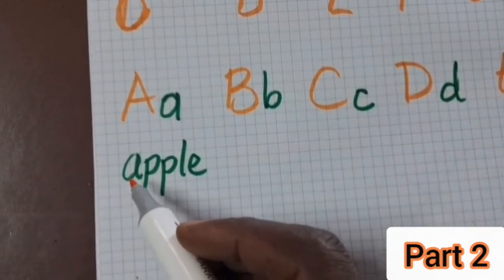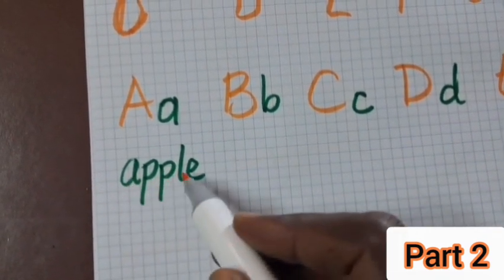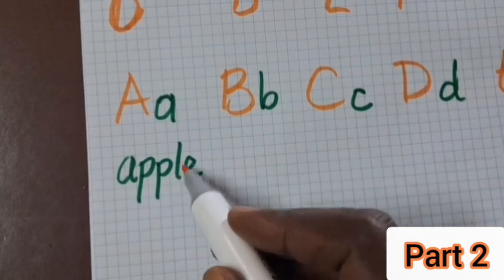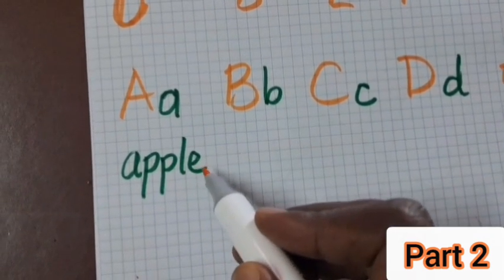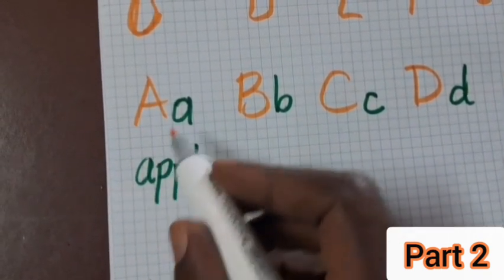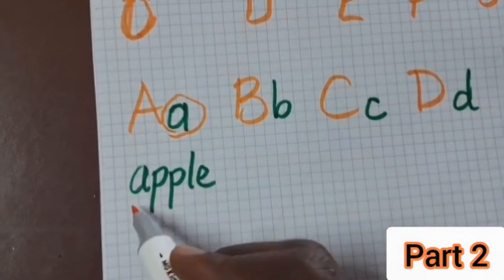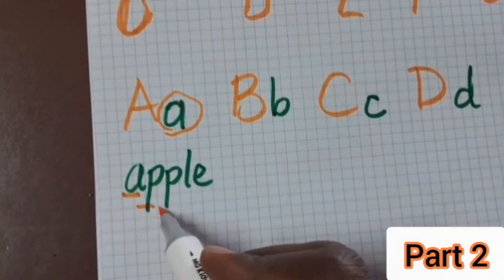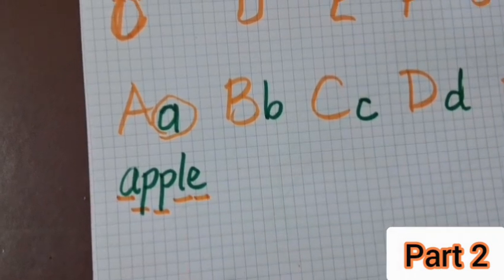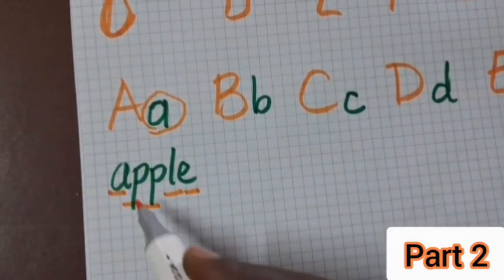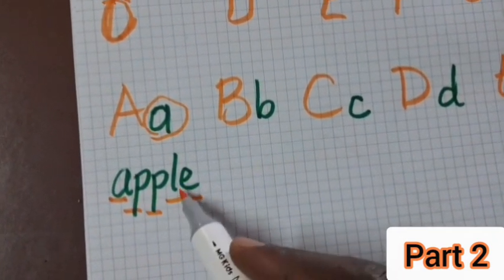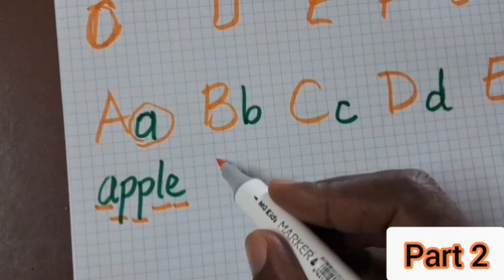Do we pronounce it with p, l, e? No, we pronounce it with the sound of A. Apple, apple. Okay.